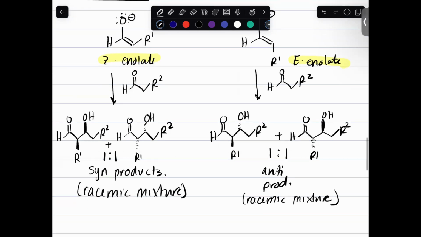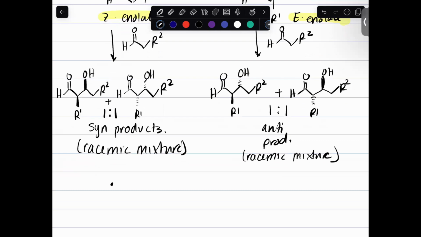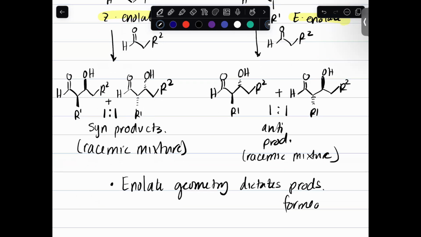Okay. And so it's your enolate that dictates what products you are going to get. Okay. The take-home message: enolate geometry dictates products formed. Okay.